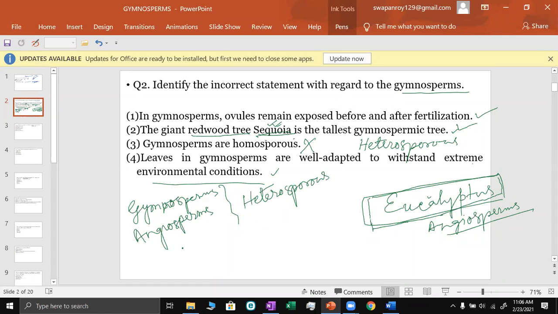Heterospory has started from pteridophytes. I think you remember, in pteridophytes a few are heterosporous.